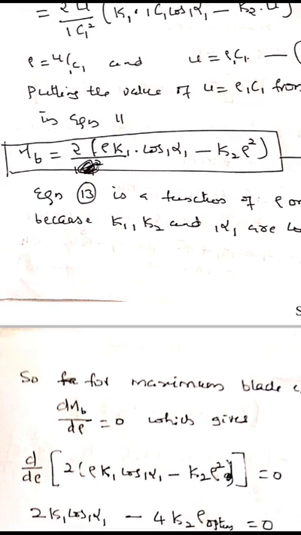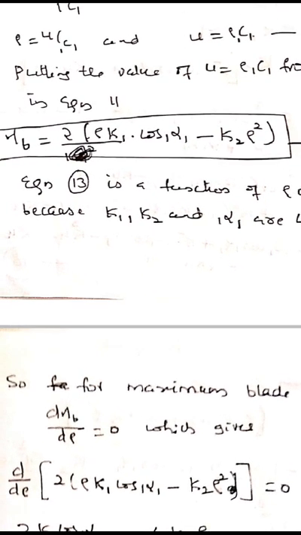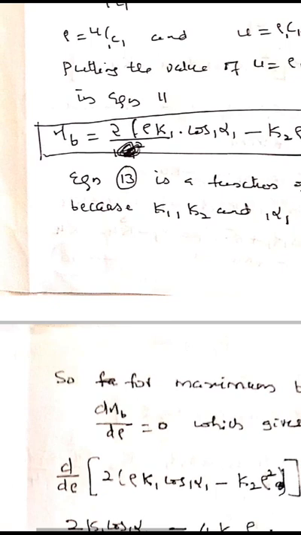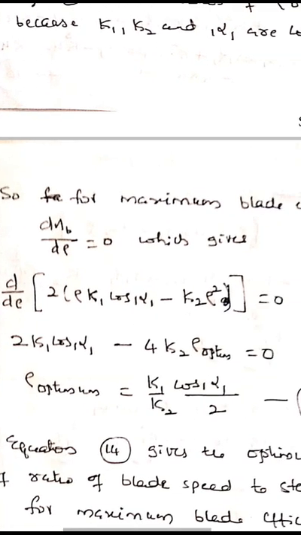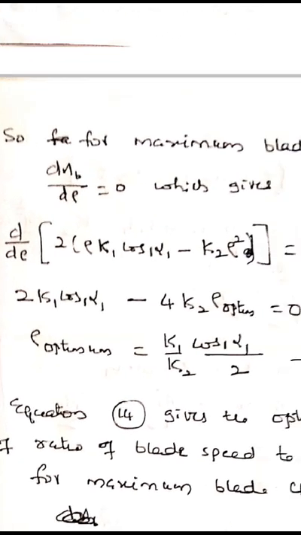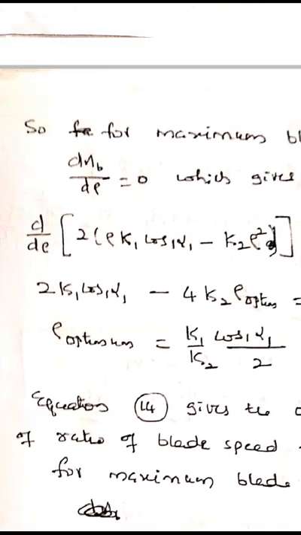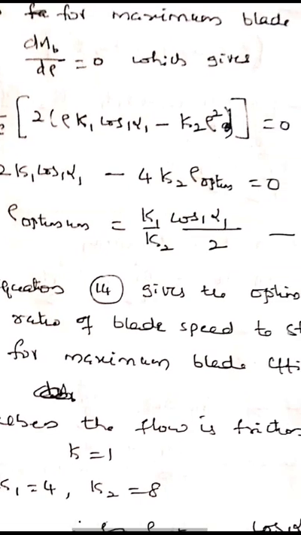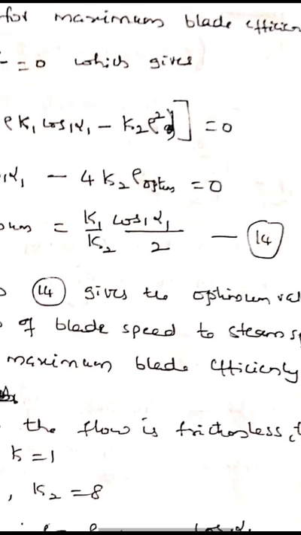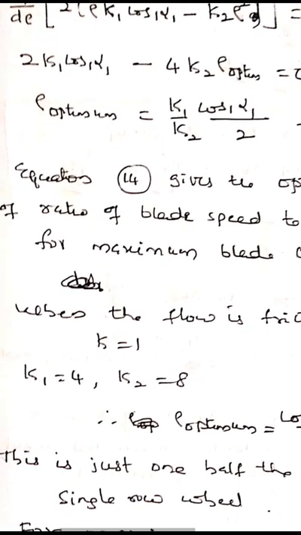To find the optimum value of rho for which the blade efficiency is maximum, differentiate equation 13 with respect to rho and equate it to 0. We got rho optimum equal to K1 by K2 into cos alpha 1 by 2. Equation 14.